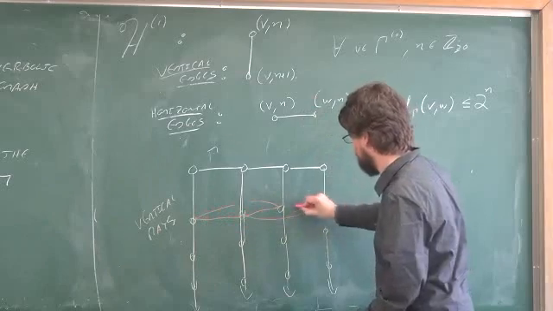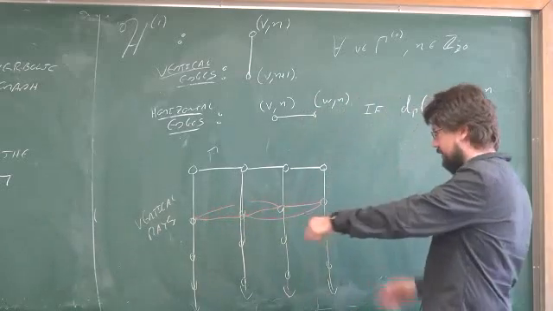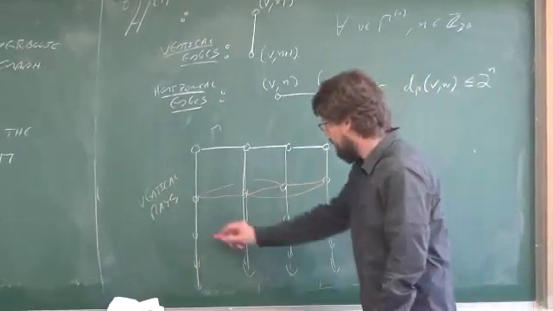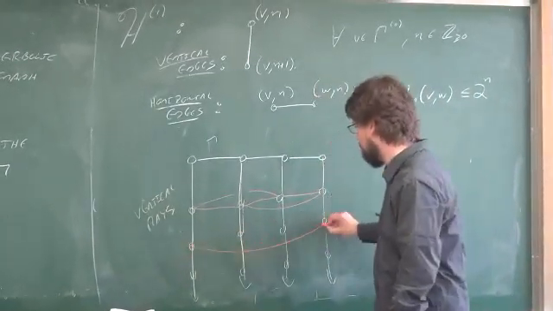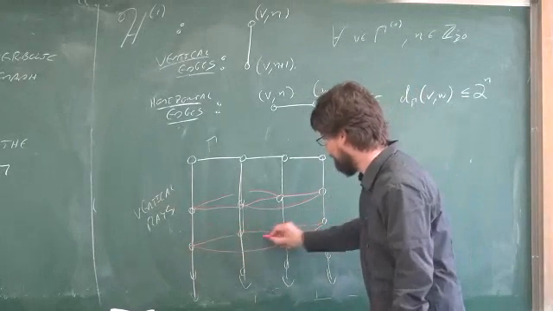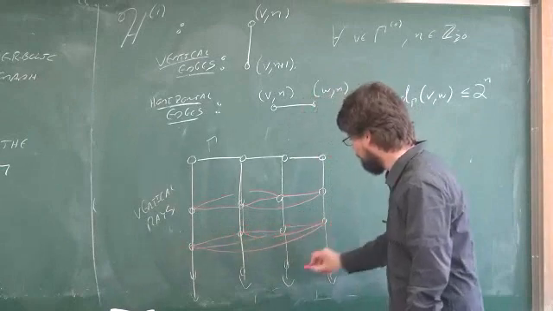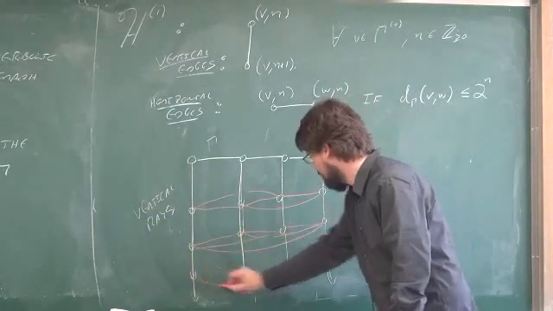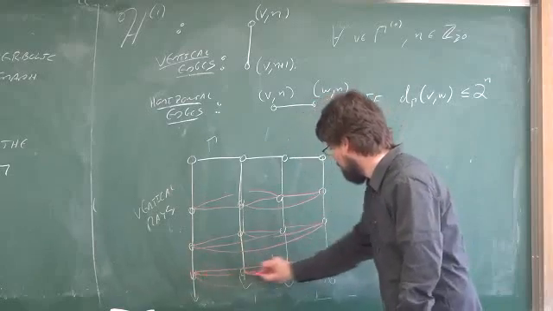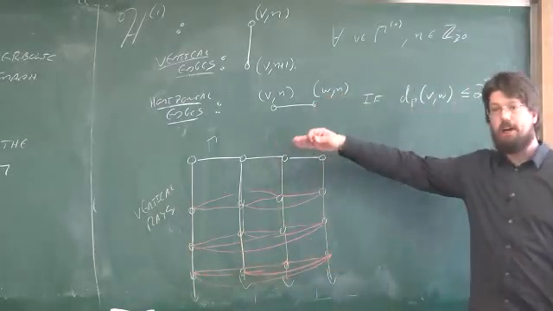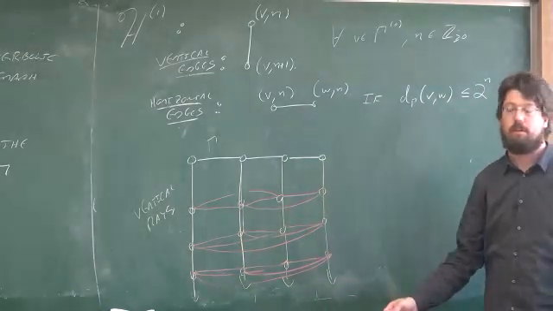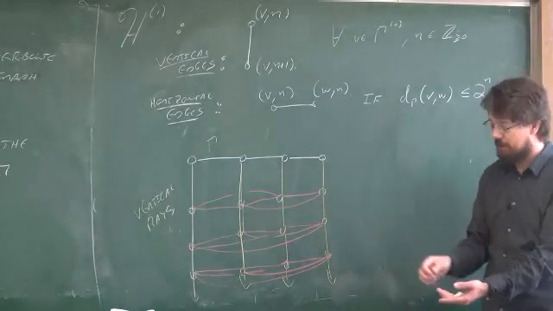All right, so at level 2, things that were distance 2 apart are now distance 1 apart, and now at level 3, everything in sight is distance 1 apart. And in this finite picture, it doesn't change after that. But if I started with an infinite graph, I'd be adding more and more edges at each depth, making things tighter and tighter together.